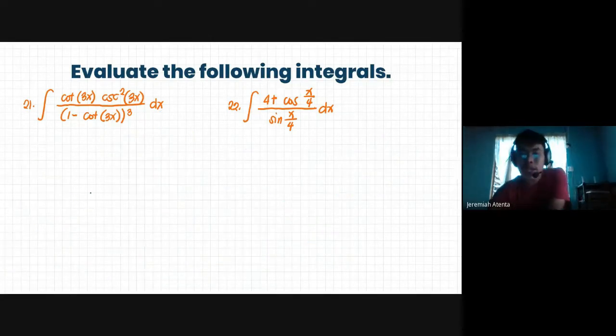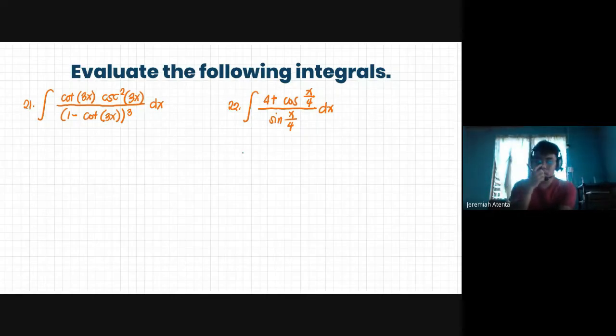Okay, let's have number 22. What do you think we should let u be first? Like before, we let u be 3x. Here, as you can see, you have cosine of x over 4 and sine of x over 4.